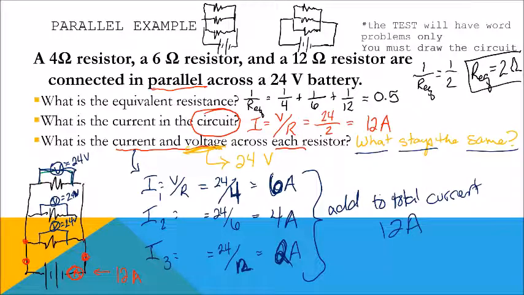And also be careful when calculating equivalent resistance in parallel. That's the biggest mistake I see on circuits. It's miscalculating the resistance. And if you miscalculate the resistance, a lot of other things can go wrong. So be careful and use a calculator and practice calculating these things.